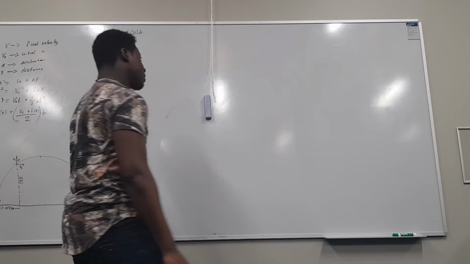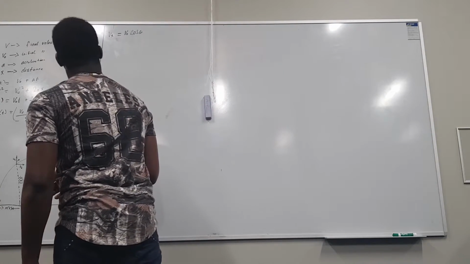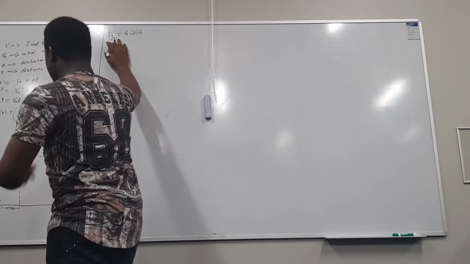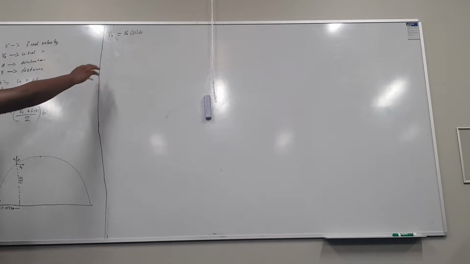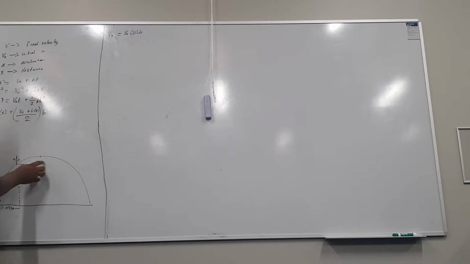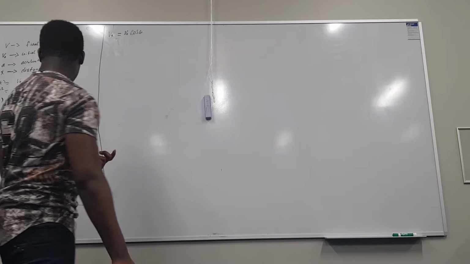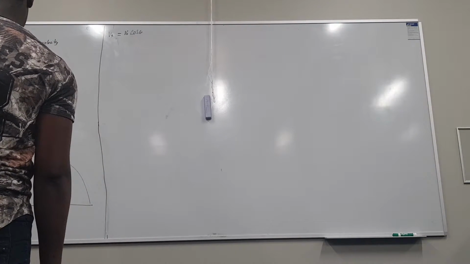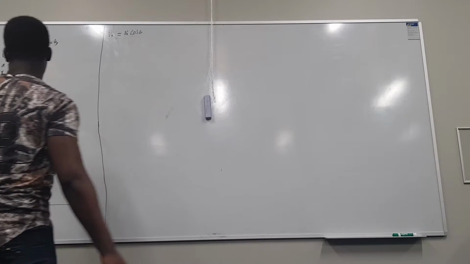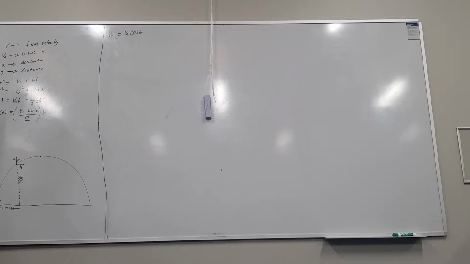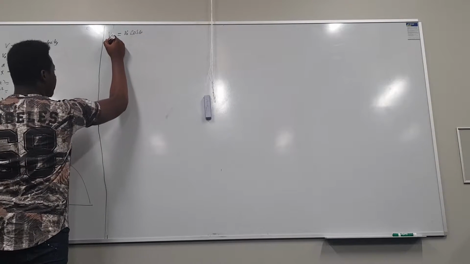While v of y, we're gonna call the vertical part of the velocity v of t, because that's the only thing that changes.